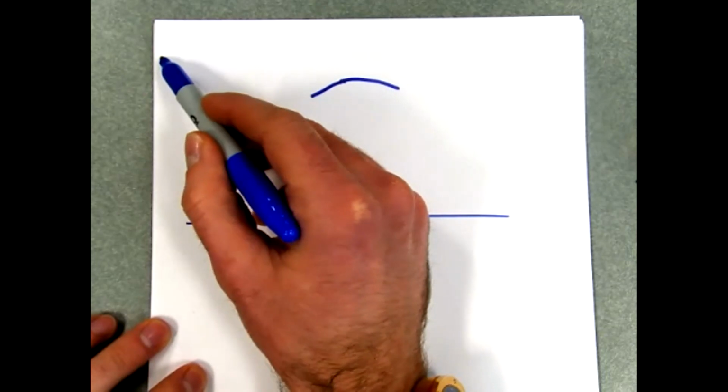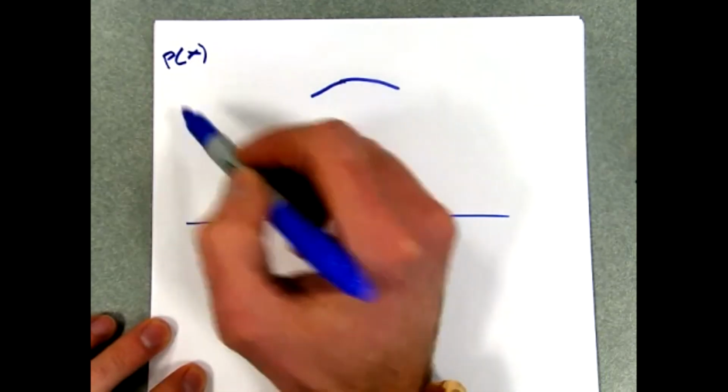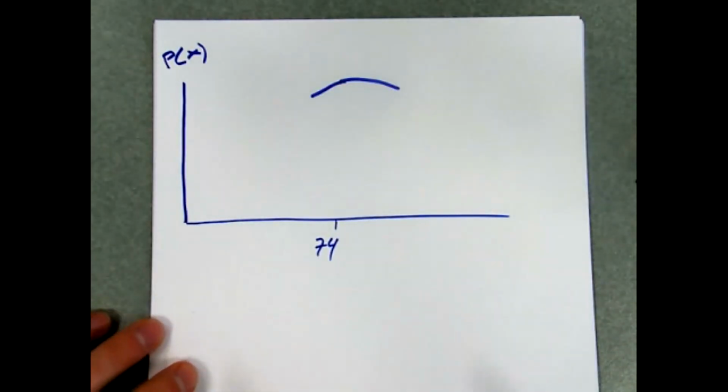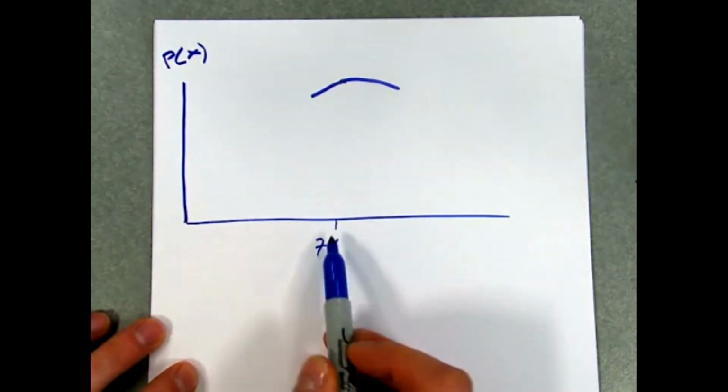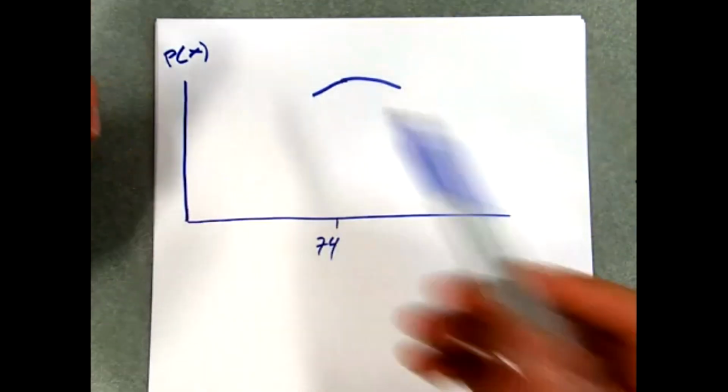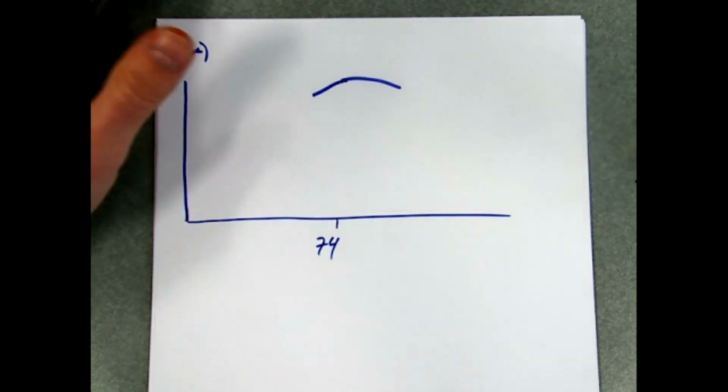So if I think about here, if my y-axis was probability, the probability of the values really close to the true overall mean will be the values that are most likely for me to see when I take a sample of 10 players.